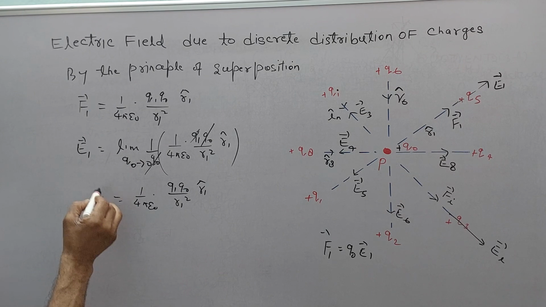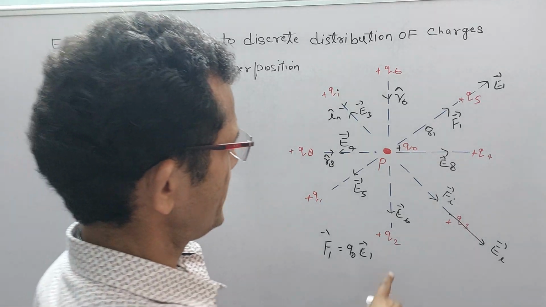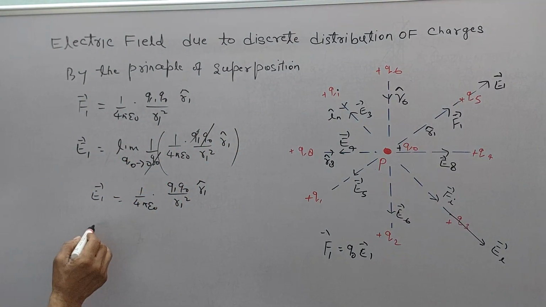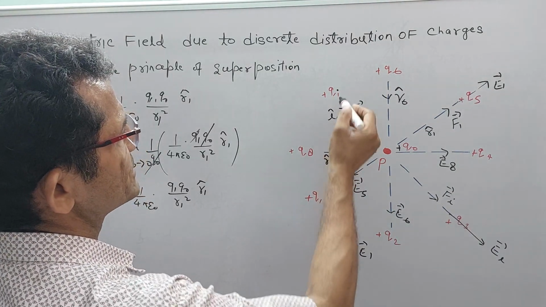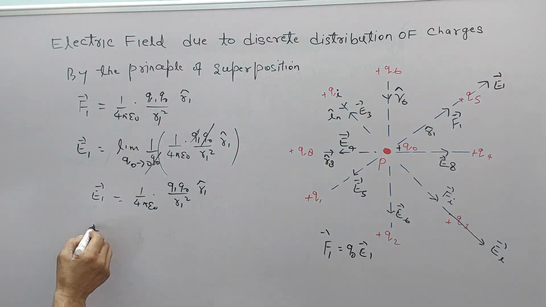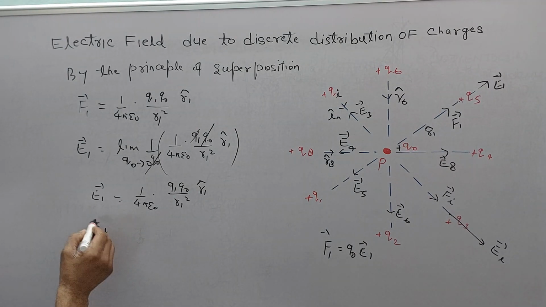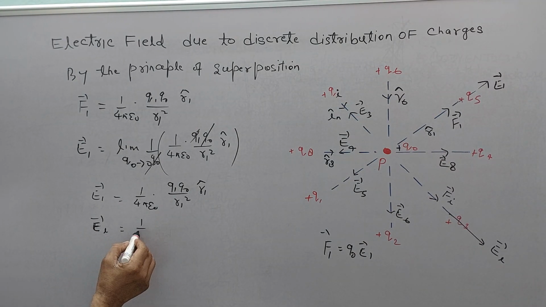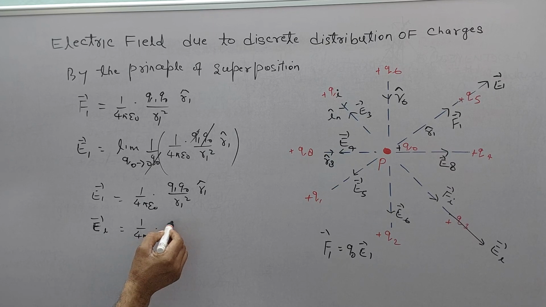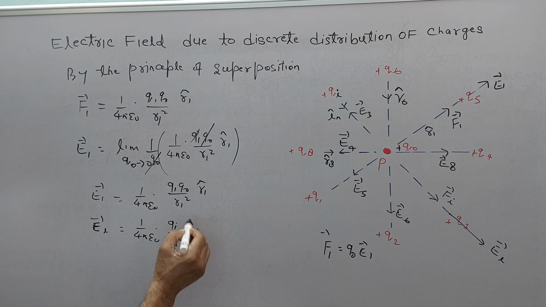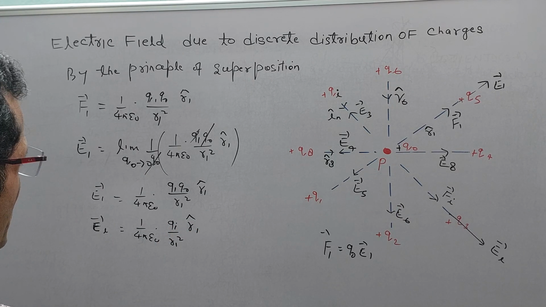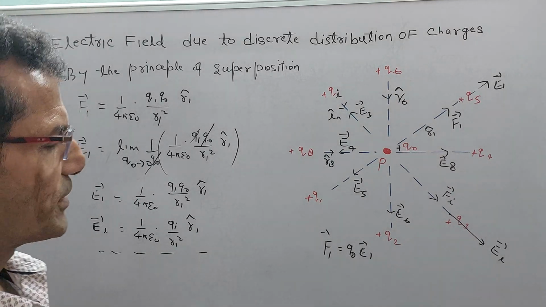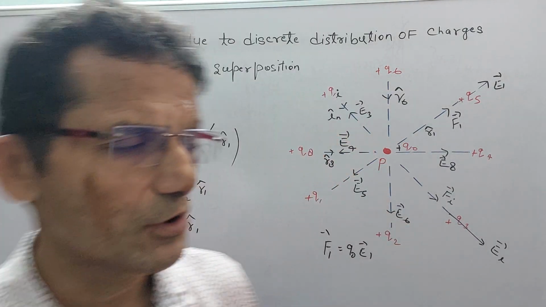Similarly, the field produced by the ith charge in vector form is 1 upon 4 pi epsilon naught Q ith upon R ith square R ith cap.